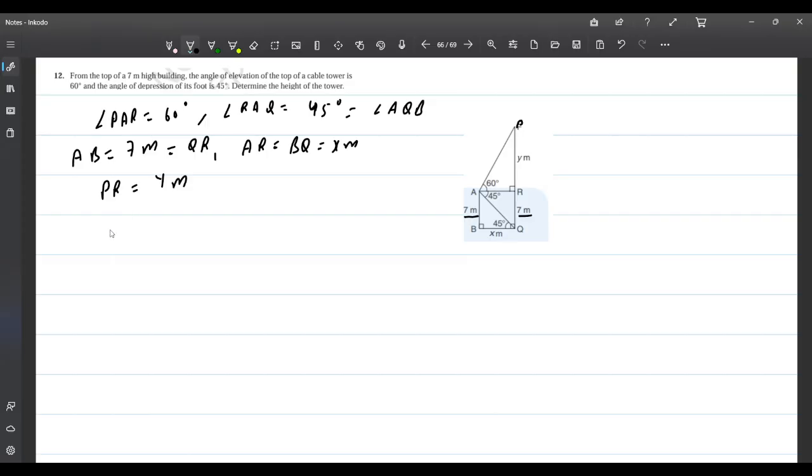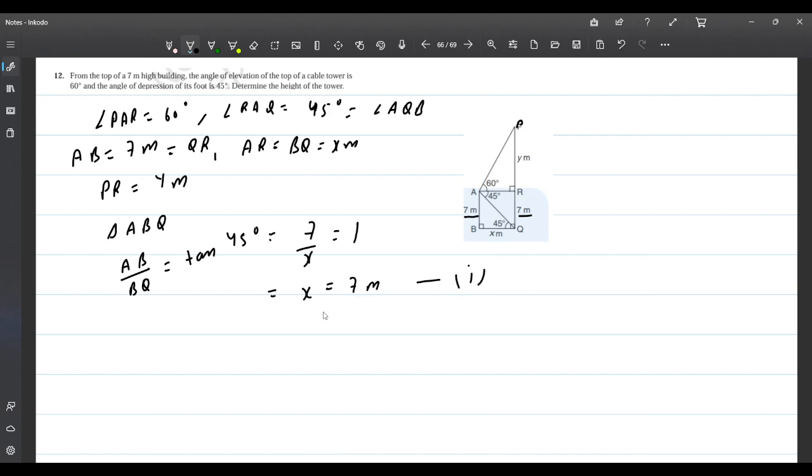So in triangle ABQ, AB upon BQ is equal to tan 45 degrees. So this is 7 upon x, and tan 45 is 1. So x is equal to 7 meters. This is equation number 1.